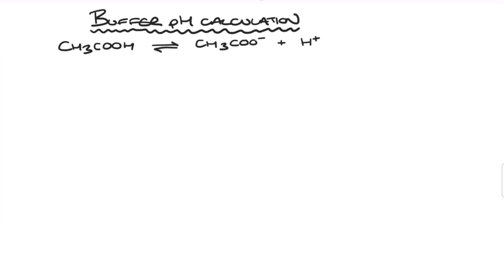We will say that the ethanoic acid is a 0.1 molar solution, and to that solution, in order to create a buffer, this time we'll directly add a 0.05 molar solution of the corresponding salt. We'll add that as, say, a sodium ethanoate salt or something like that.